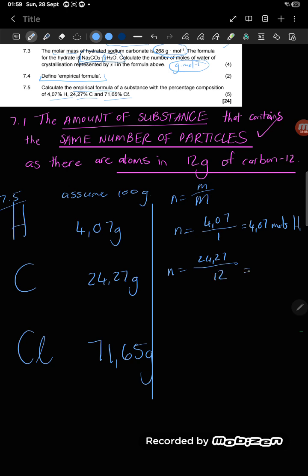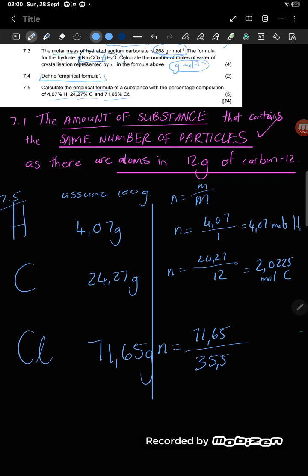That's about 2, so that's 2.0225 moles of carbon. Then 71.65 divided by chlorine, which is 35.5.